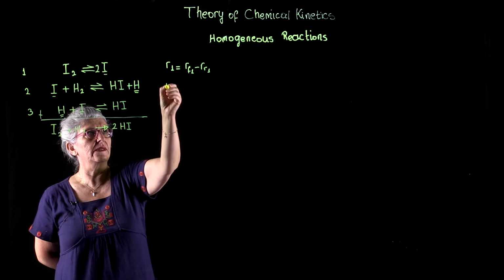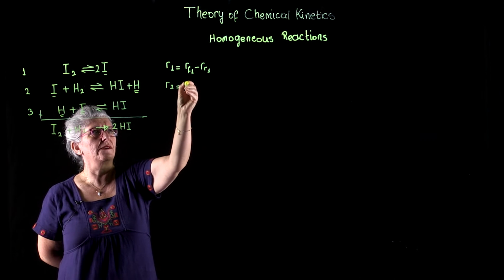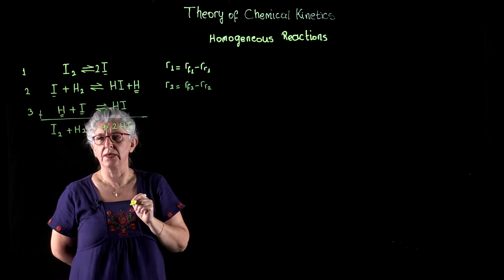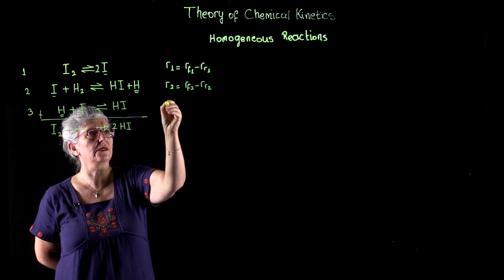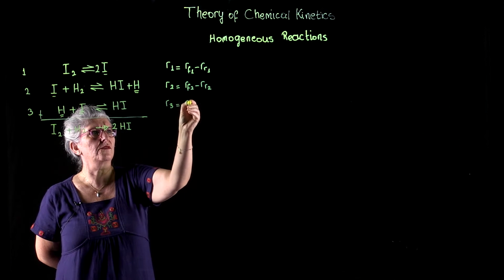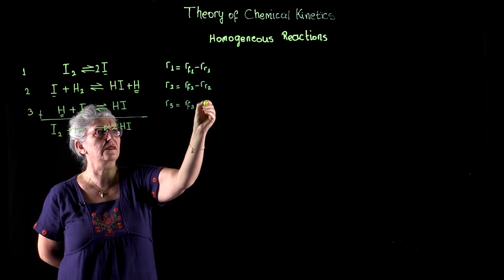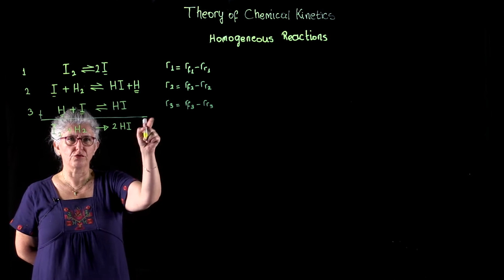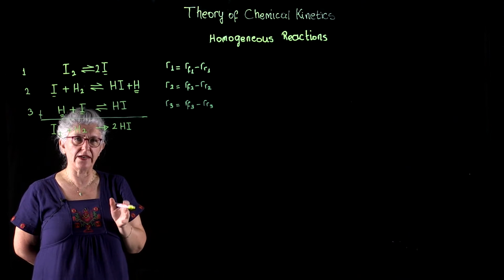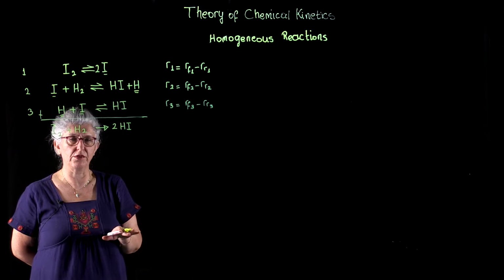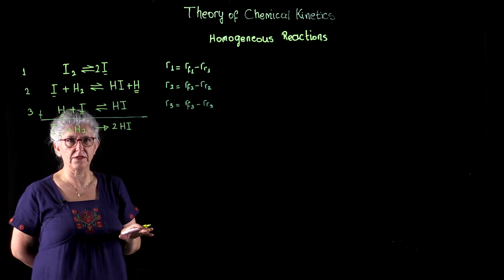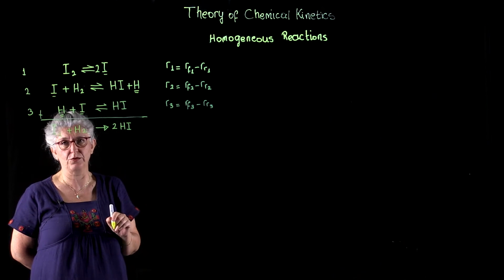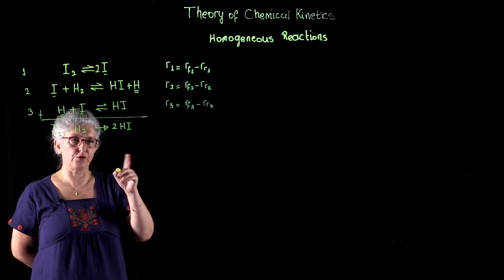Similarly, the rate of the second reaction will be rate forward 2 minus rate reverse 2, and the third reaction will be rate forward 3 minus rate reverse 3. So this is the first rule that we have, that all the reactions have their reverse components. Whether those reverse components are as large as the forward components determines whether the reaction is at equilibrium or not.